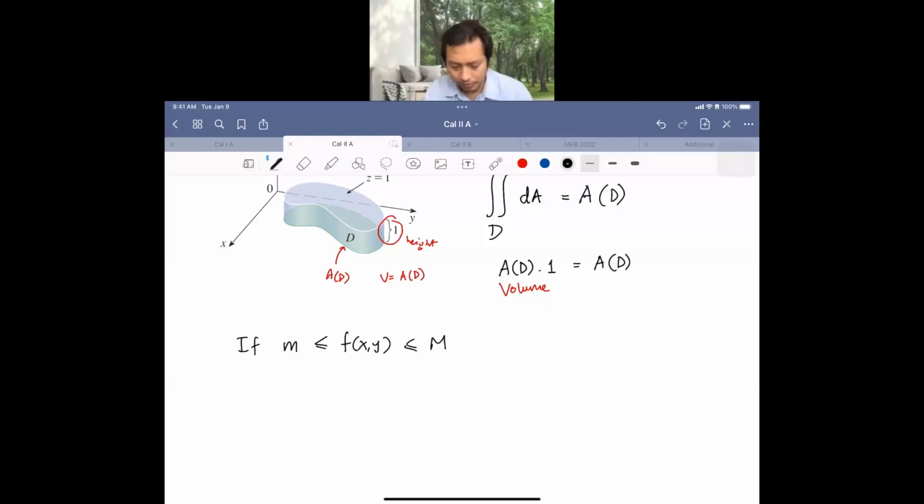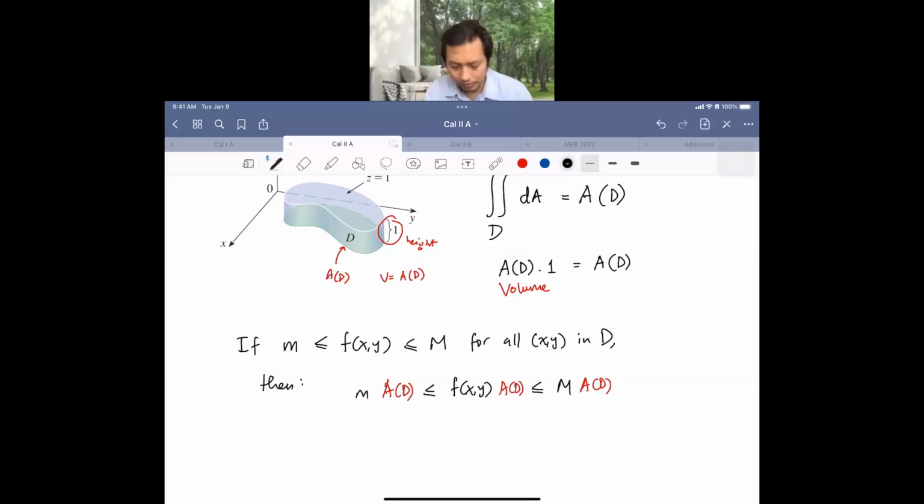So if this happens for all points in D, and then we multiply by dA.